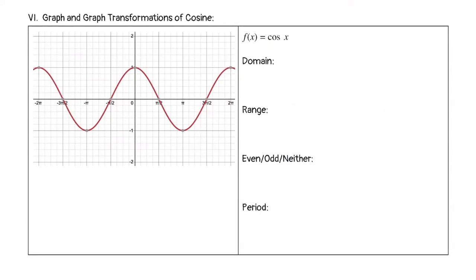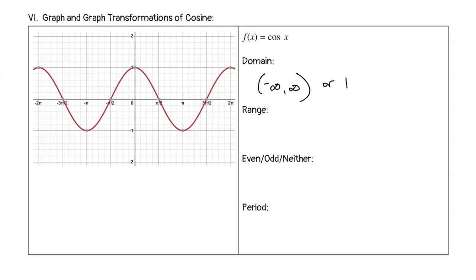So what do we think is the domain for cosine? And more importantly, why? Perfect, right? If we use Desmos, we use that technology, we can see it goes sideways forever and ever.